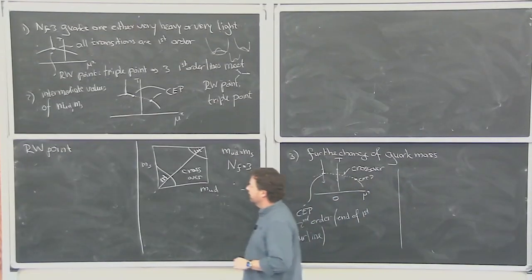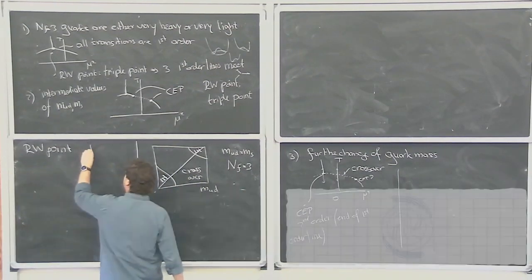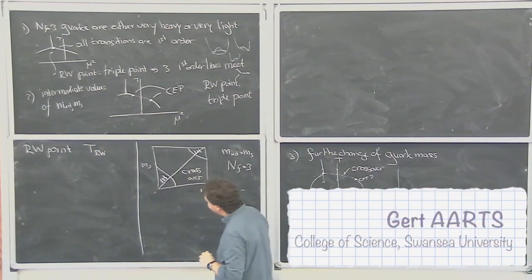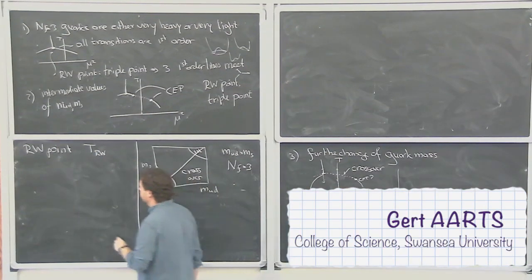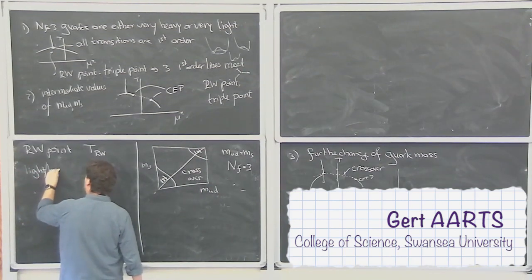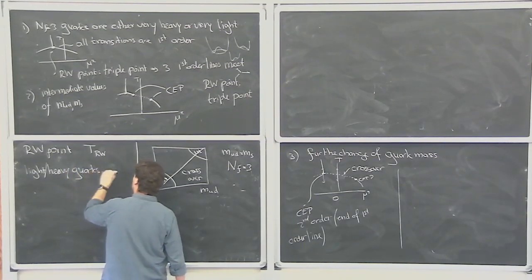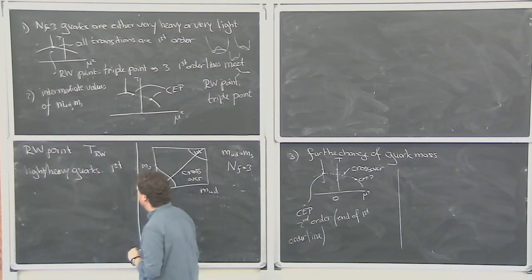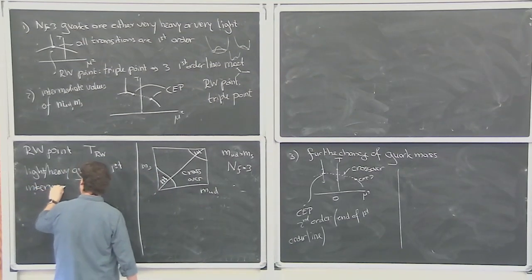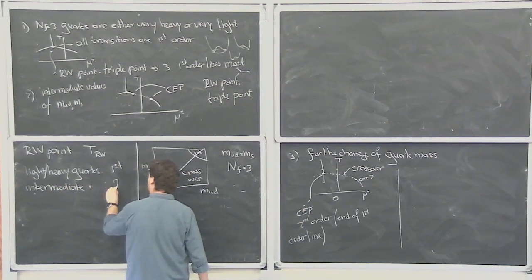So we have this Roberge-Weiss point. We call the temperature T Roberge-Weiss. And we've seen that for light and heavy quarks it is first order, and for intermediate quarks it is a second order endpoint.